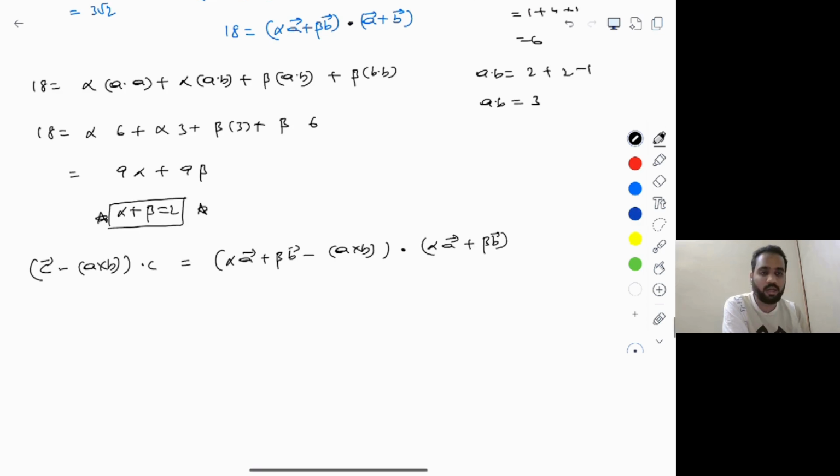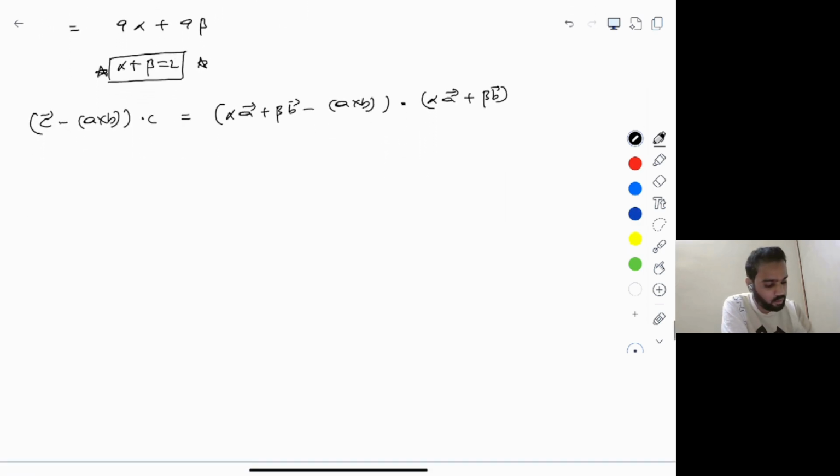Okay. Now once again let's use the distributive law and try to expand, and let's see what happens here. The first term here will be alpha multiplied by A dot A plus alpha multiplied by A dot B plus beta multiplied by B dot A plus, and this is beta into alpha, right?